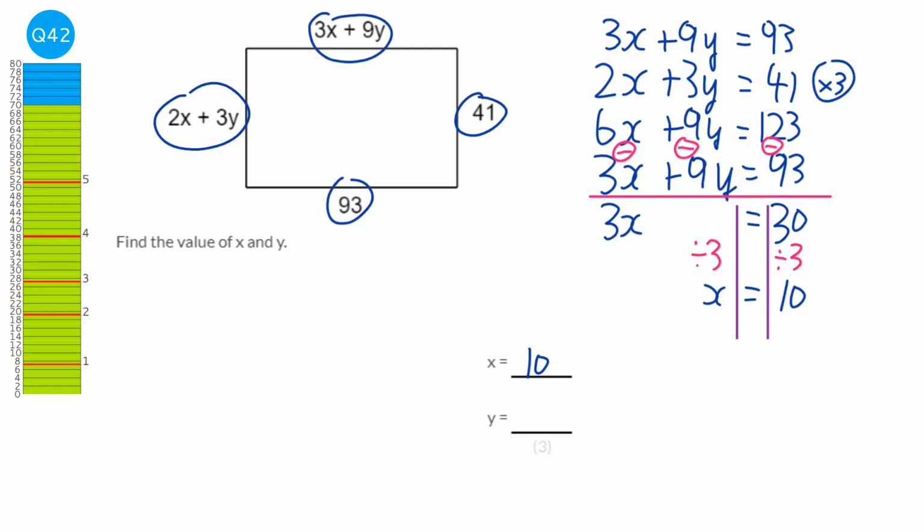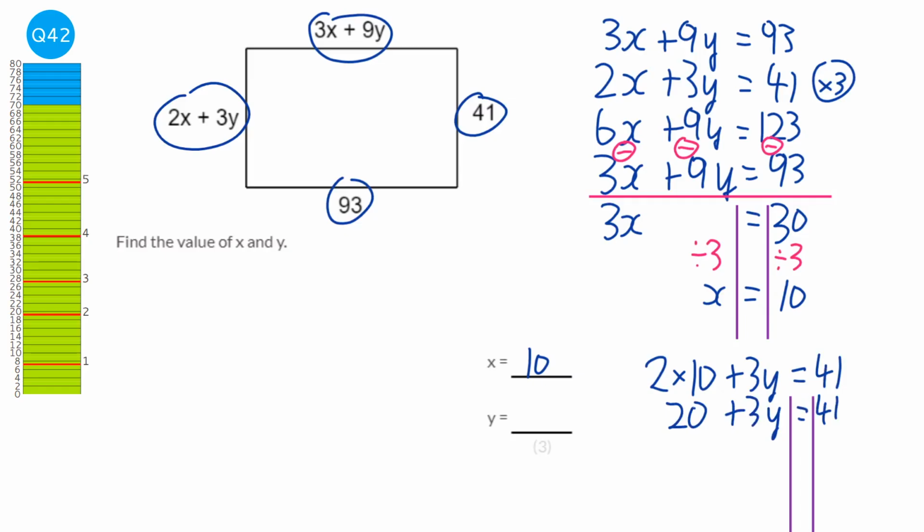So what I'm going to do is I'm just going to pick one of the equations. I could pick the 2x plus 3y equals 41, and just substitute the value of x in. So 2 times 10 plus 3y equals 41. So it would be 20 plus 3y equals 41.